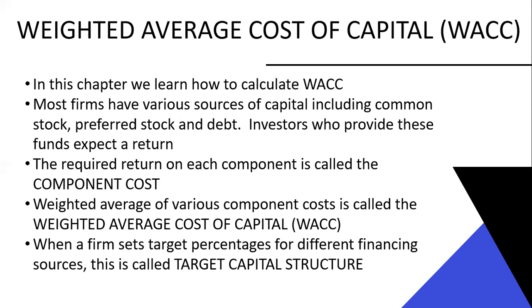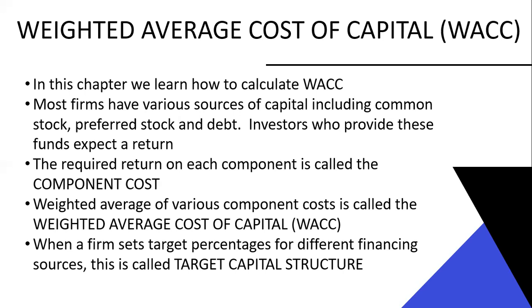Now, the required return on each different type of capital is different. So the interest rate charged for money loaned by a bank is going to be different from, let's say, the dividends given to stockholders. So if we want to calculate WACC, we need to understand the required rate of return for each of the different sources of capital, or each component.